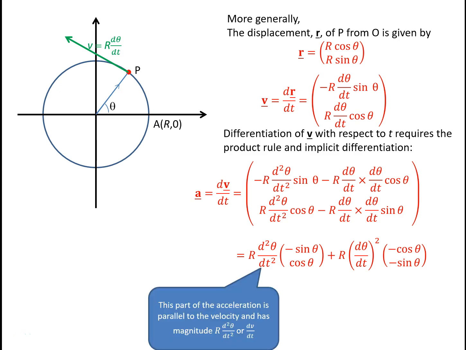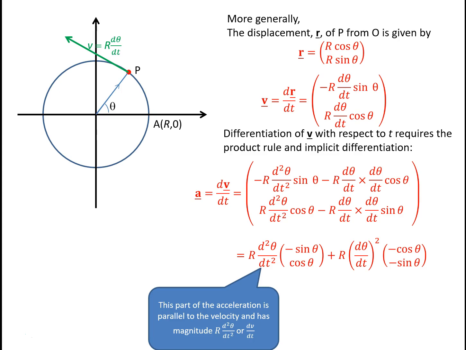Now if we look at the first part of this expression first of all, then the vector (minus sin θ, cos θ) has magnitude square root of (minus sin θ) all squared plus (cos θ) all squared, in other words the square root of sin²θ plus cos²θ, which is simply 1.